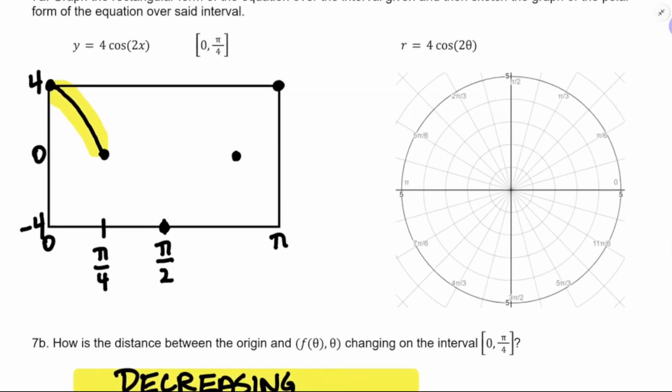At the beginning, at theta equals 0, r equals 4. And at the end, when theta equals pi over 4, r is going to equal 0. And it's going to be decreasing the whole time.